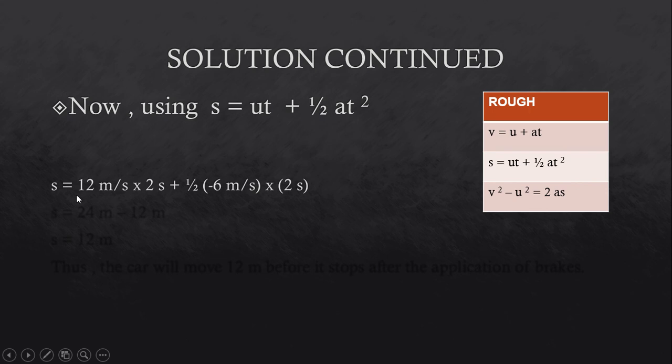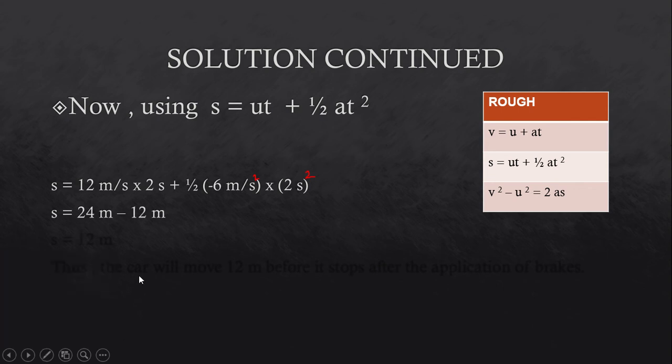So s equals, let us put in the values. u equals 12 meter per second multiplied by time, so multiplied by 2 seconds, plus half multiplied by the value of a, that is -6 meter per second square. Let me write square here. And the value of t square, time is 2 seconds, and let us take the square of it also, right?